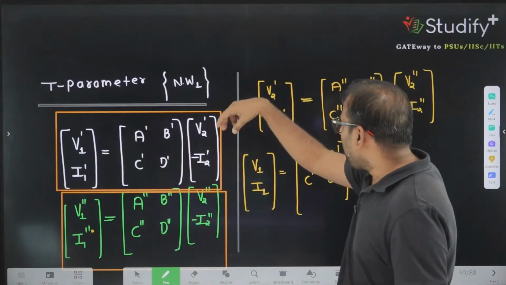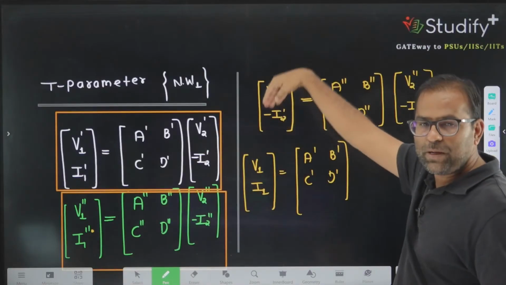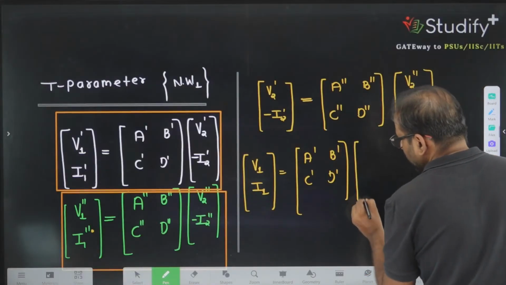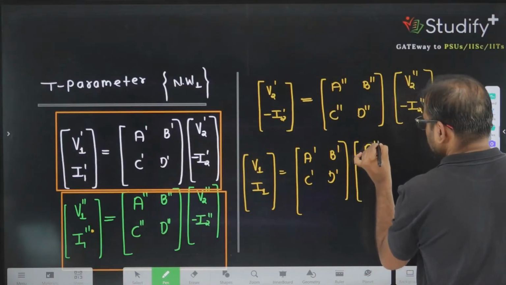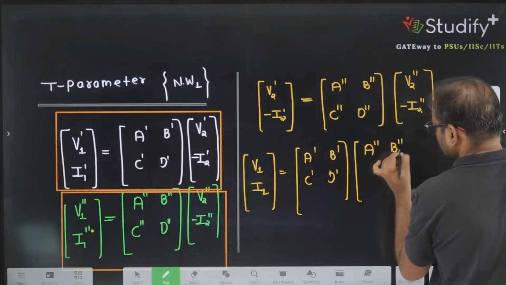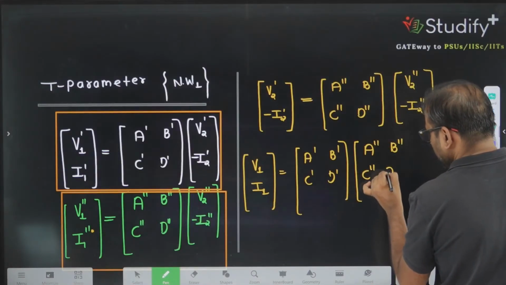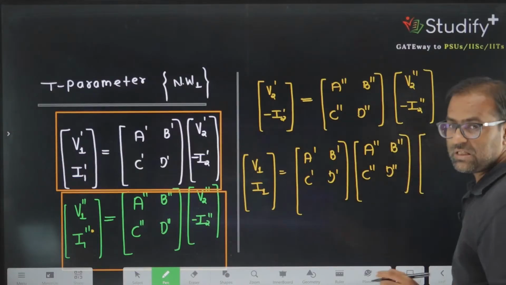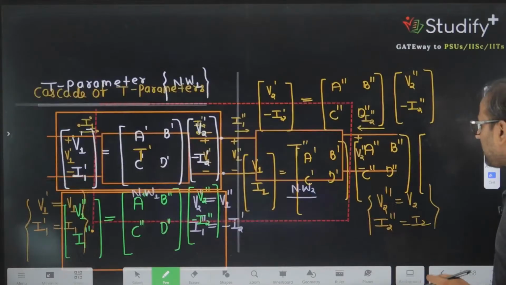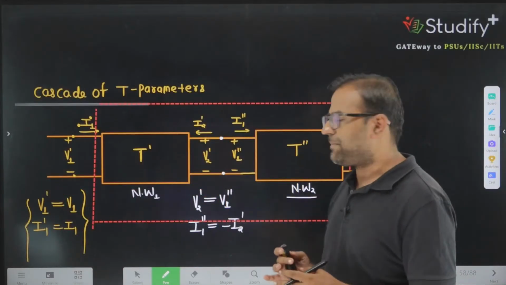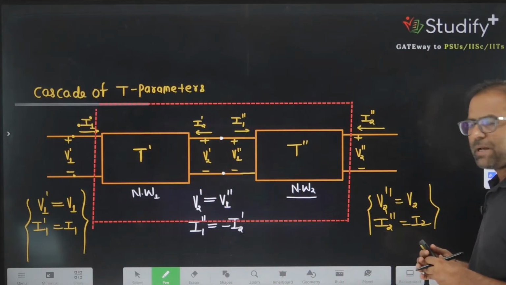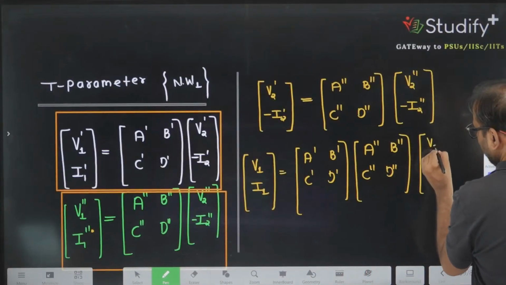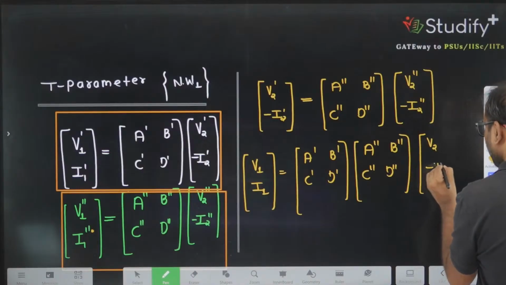And what is the value of V2 prime, minus I2 prime column matrix? This value is A double prime, B double prime, C double prime and D double prime times V2 double prime, minus I2 double prime. So if we are talking about the equivalent ABCD parameter, you can take V2 double prime as V2 and I2 double prime as I2. So you can say this is V2 and minus I2.